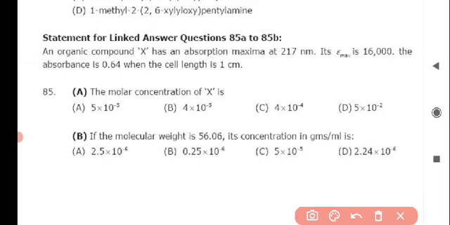Now the question is, the molar concentration of X is, and the correct answer is option B, 4 into 10 raised to power minus 5. Next question is, if the molecular weight is 56.06, its concentration in grams per ml is, and the correct answer is option D, 2.24 into 10 raised to power minus 6.